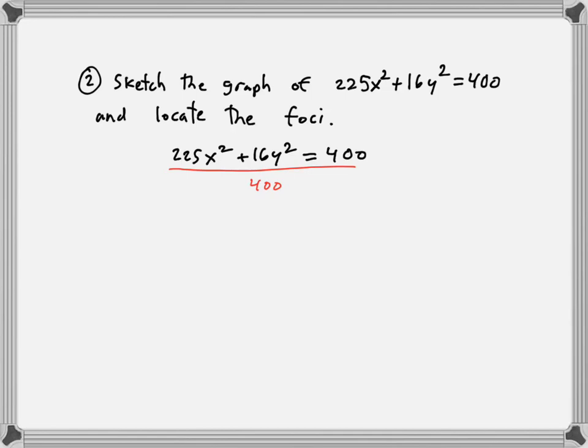Okay, so if we do that, we end up with, how do you divide 225 by 400? Of course, this is not going to be a perfect fraction. So we end up with something like this. If we divide by 25, we actually get 9 over 16?